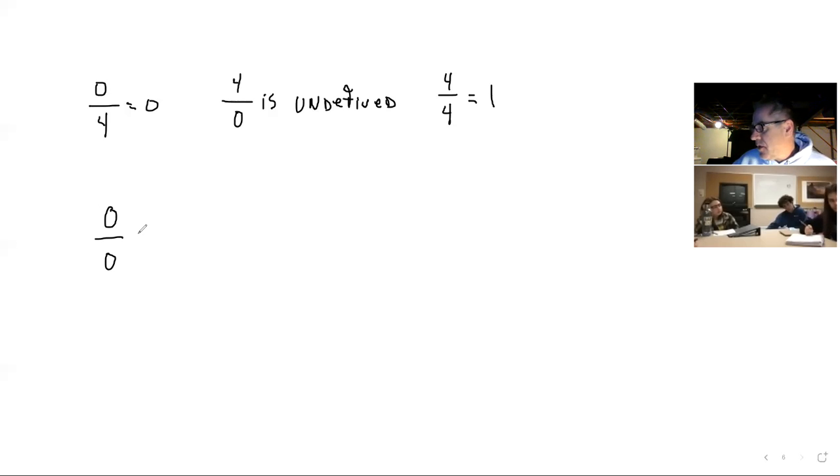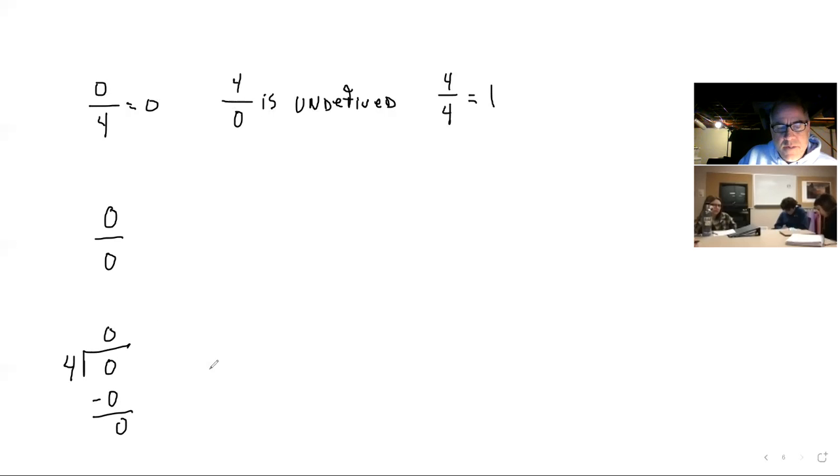And then later on, once you have derivatives, you'll learn to take limits of this situation, 0 over 0. So what is it? So backing up to this, if I had to explain to somebody why 0 in the top is 0, well, a fraction is division. 4 divides into 0. Can I make the division work? Well, yeah, 4 divides into 0, 0 times remainder of 0. So the answer is 0.